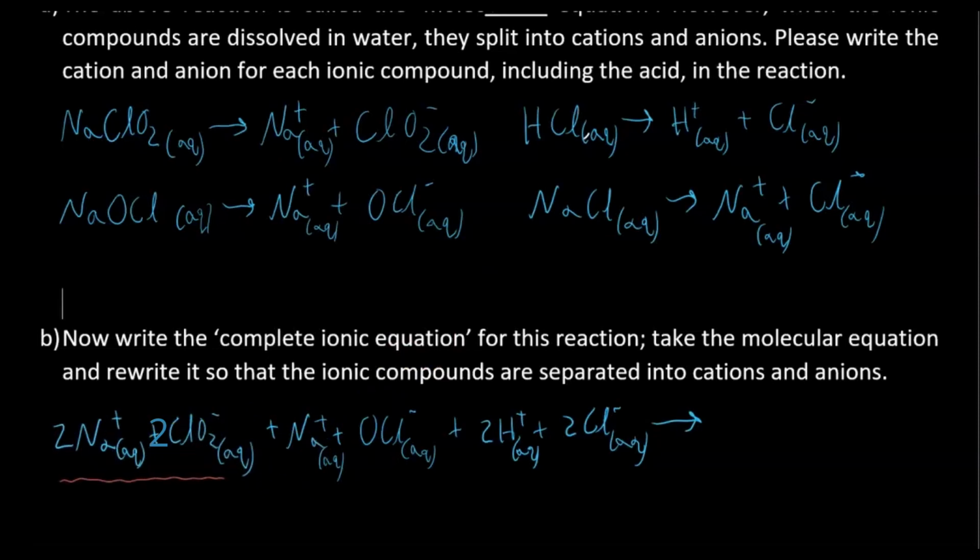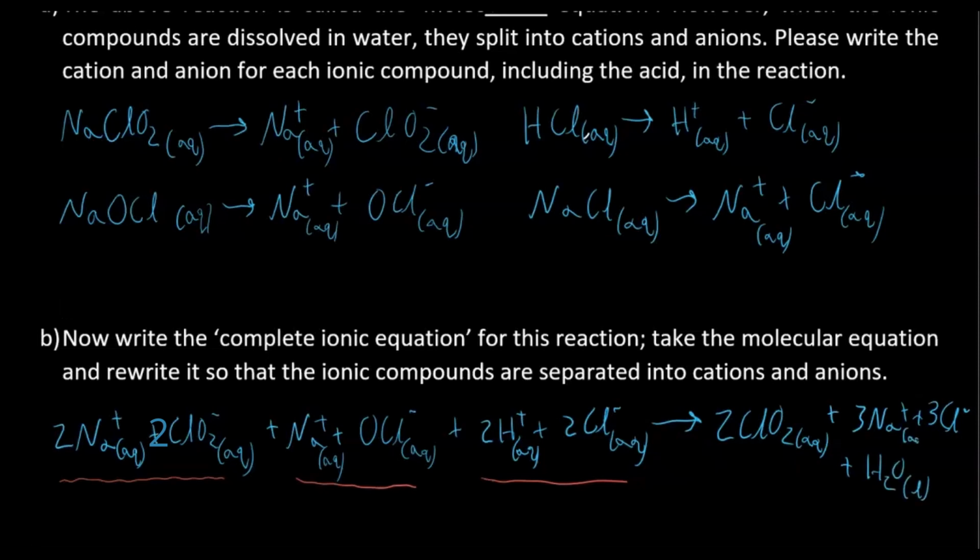This is one compound plus 3 Cl minus, and we have a water H2O liquid. I'll make these aqueous and aqueous there. Okay, so this is one compound here too. That's just been broken up, dissociated into its ions.